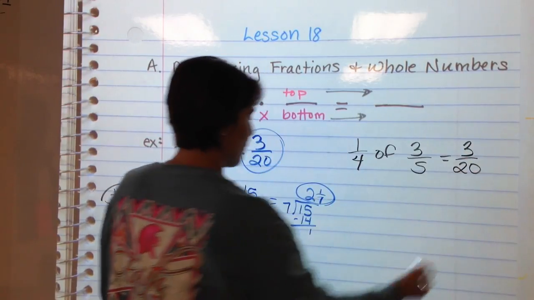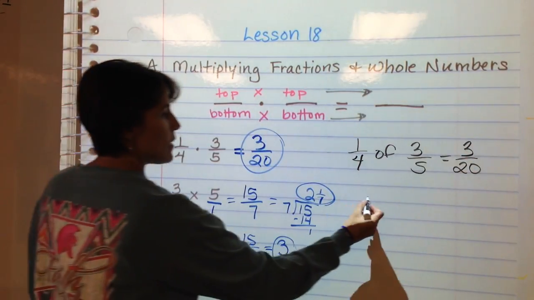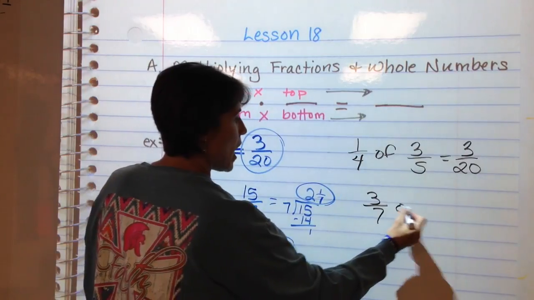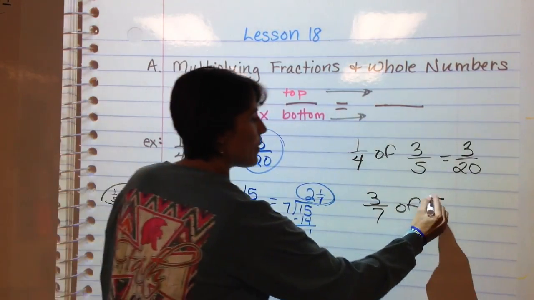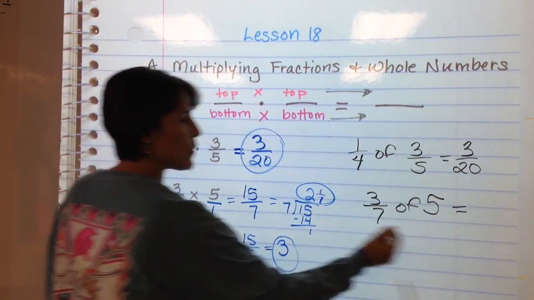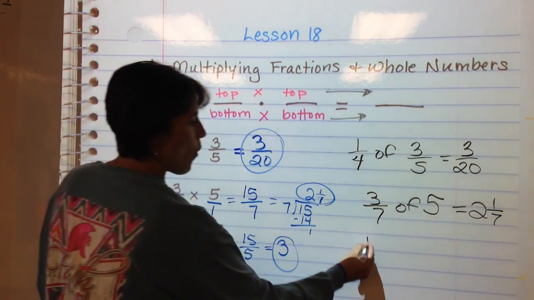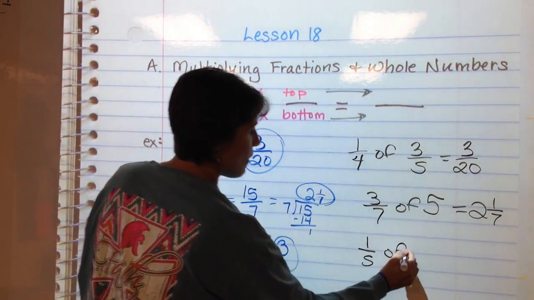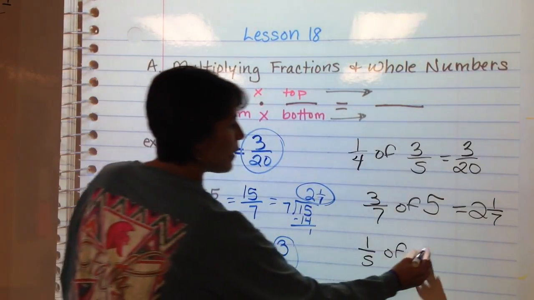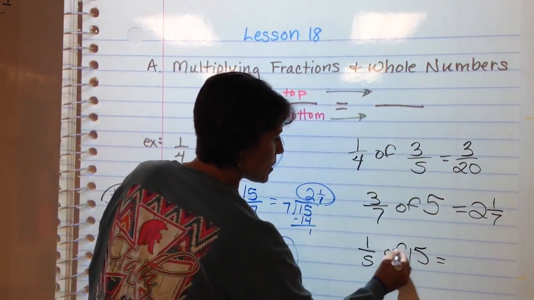Write this with me. 3/7 of 5 is 2 1/7. And we already decided that 1/5 of 15 equals 3.